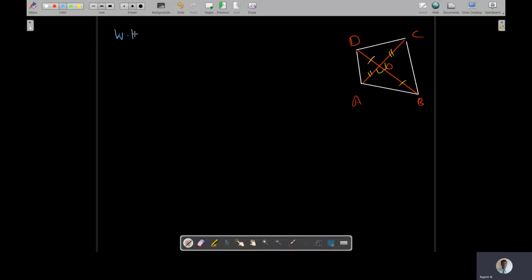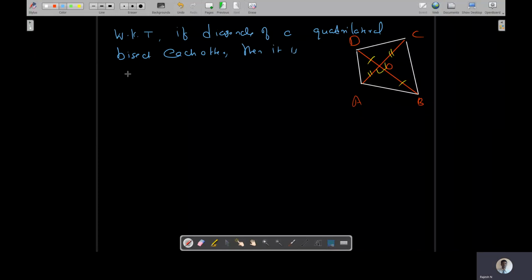We know that if the diagonals of a quadrilateral bisect each other, then it is a parallelogram.